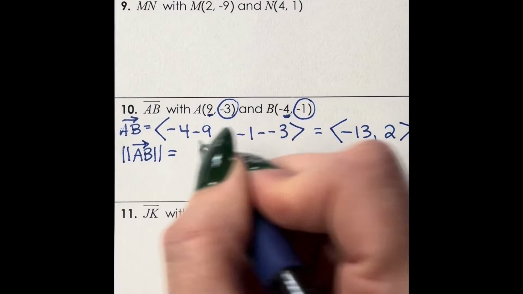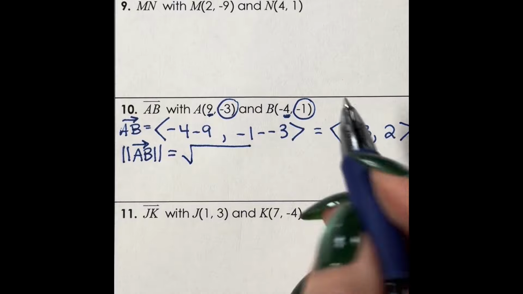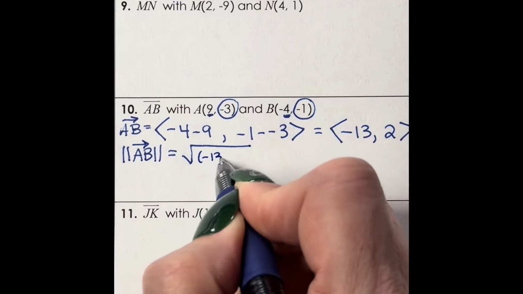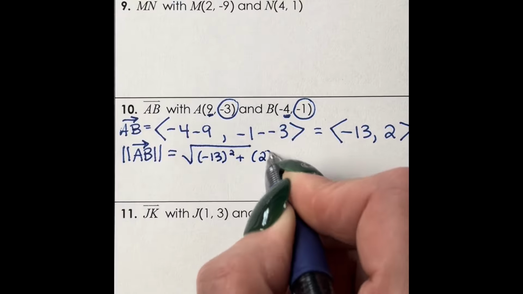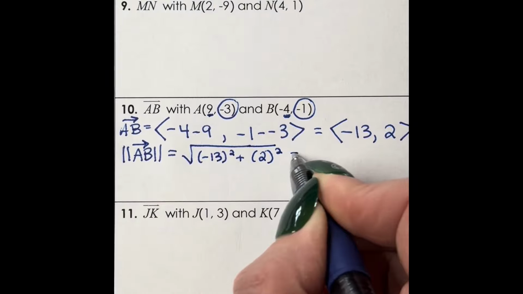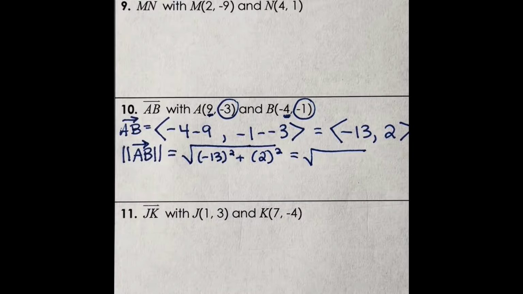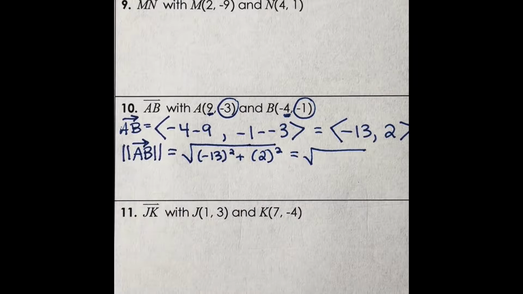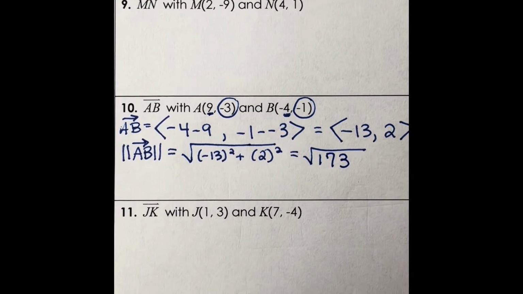So we're going to do the square root of a, -13, squared, plus b, which is 2, squared. And let's simplify. So that's going to be 169 plus 4. That should be 173. So our magnitude is the square root of 173. And that's what we found last time, was magnitude. All right.